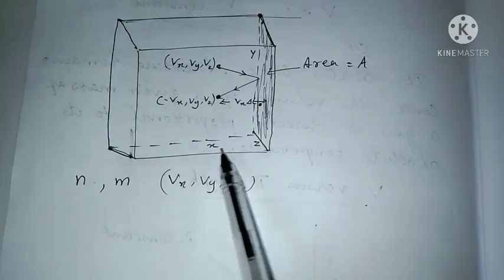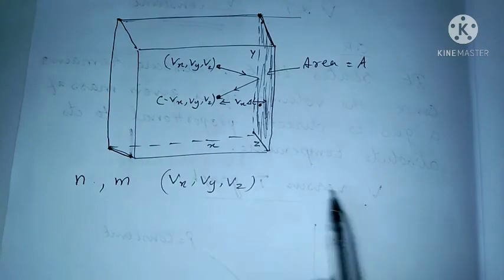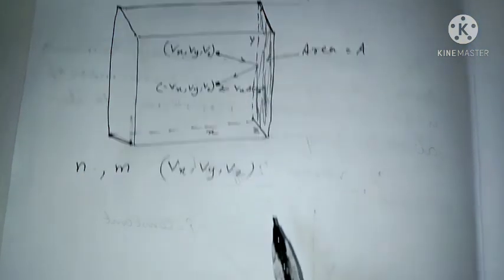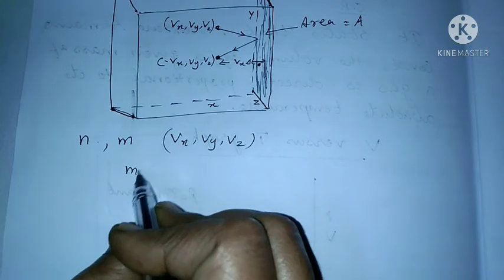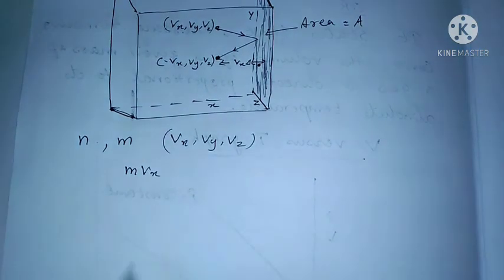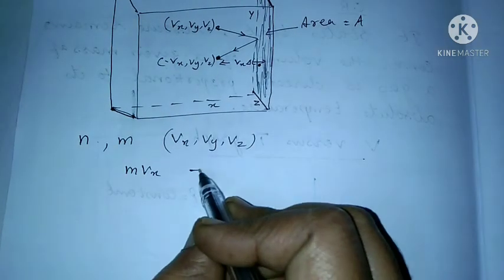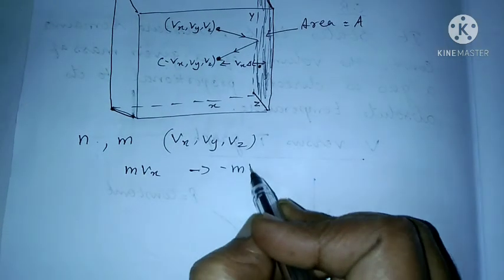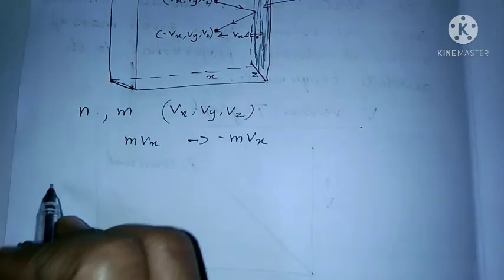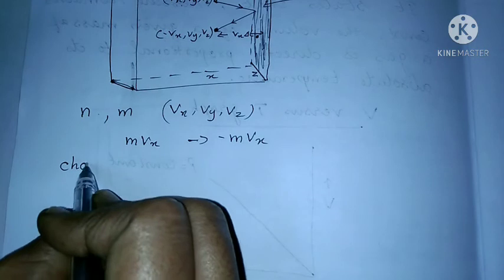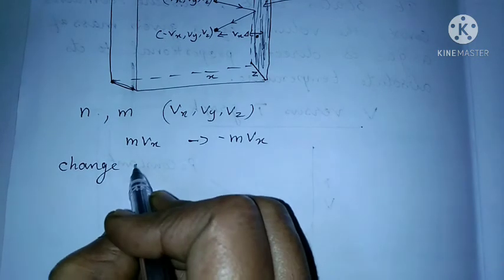So the momentum of the molecule along x is mvx. If it reverses, its momentum changes to minus mvx. So what is the change in momentum?